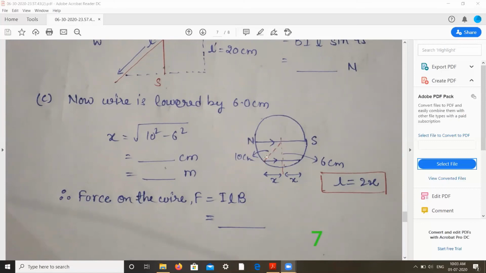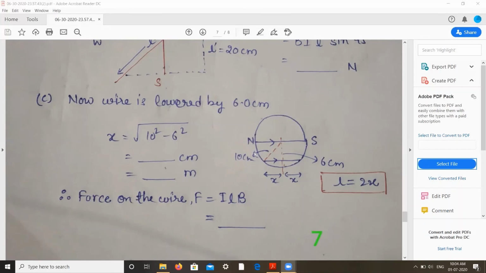So the new length of wire which is passing through that magnetic field is getting changed. Suppose this is x plus x, 2x. That is the total length of the wire which is passing through the magnetic field, the new length of the wire. So before solving, first of all we have to find the new length of the wire.